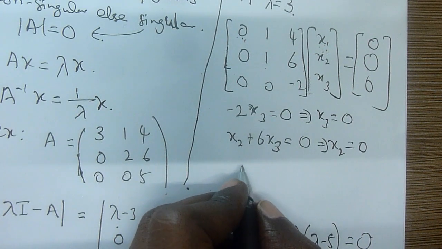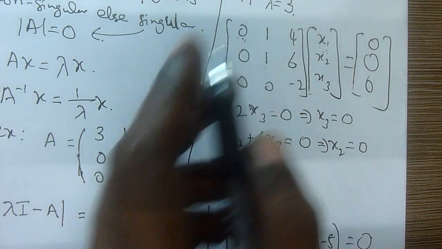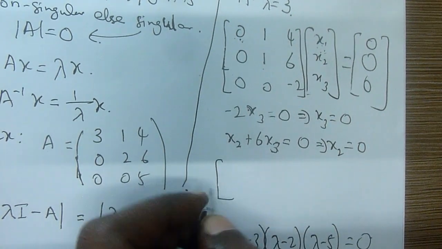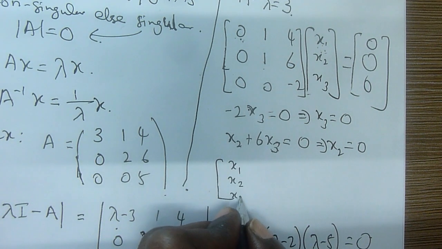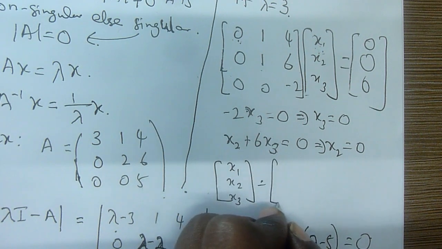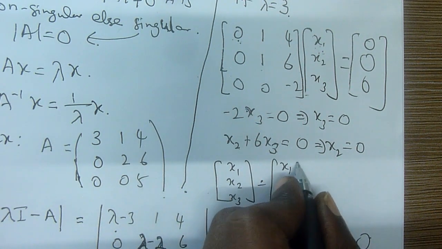Therefore, for the overall, in this case, your values become x1, x2, x3, and for sure x1 you leave as x1 and the rest is 0, 0.